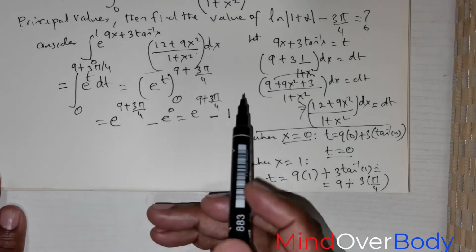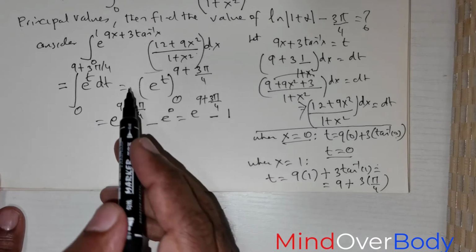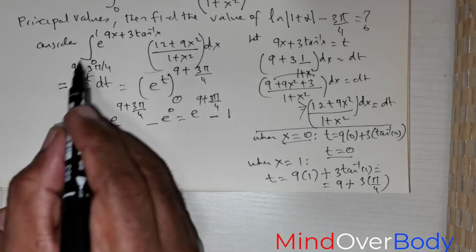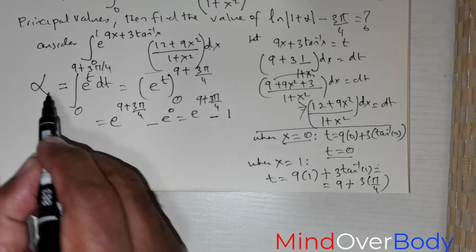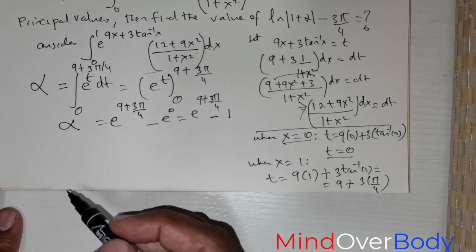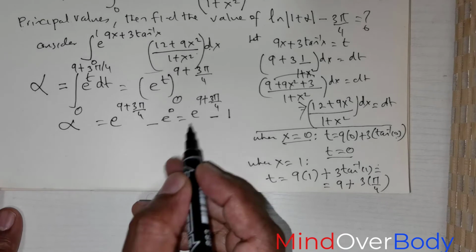So this is what we have got, and this quantity is nothing but alpha.